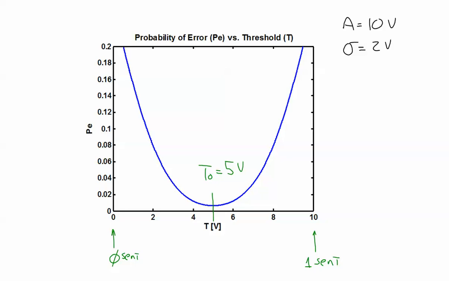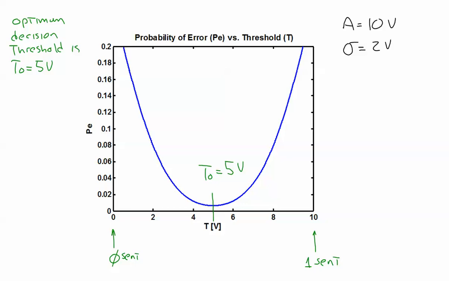It's 5 volts. The optimum decision threshold is 5 volts. Okay? But minimizing my probability of error doesn't mean that I eliminate errors.